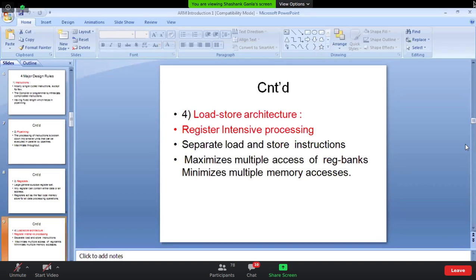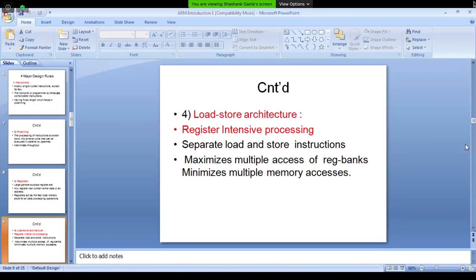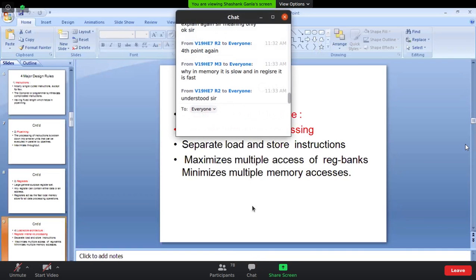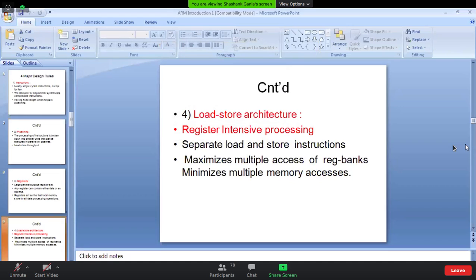Okay, somebody is asking a question: why is memory slow and register fast? Because memory, in terms of design itself, uses a different technology from the register. A register uses high-speed switching technology and memory uses less than high-speed switching technology as compared to a register.